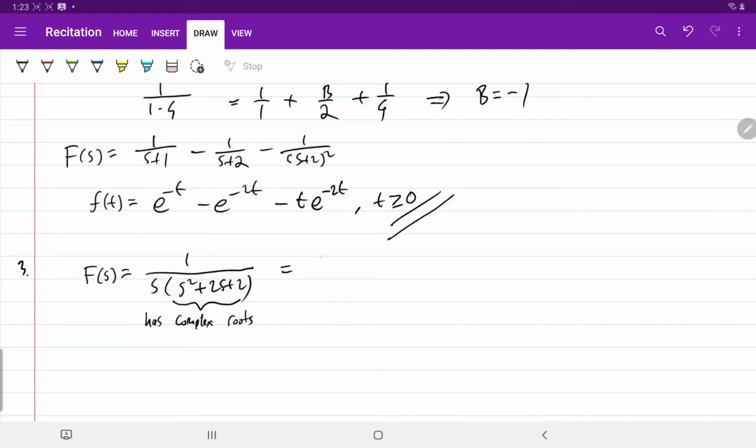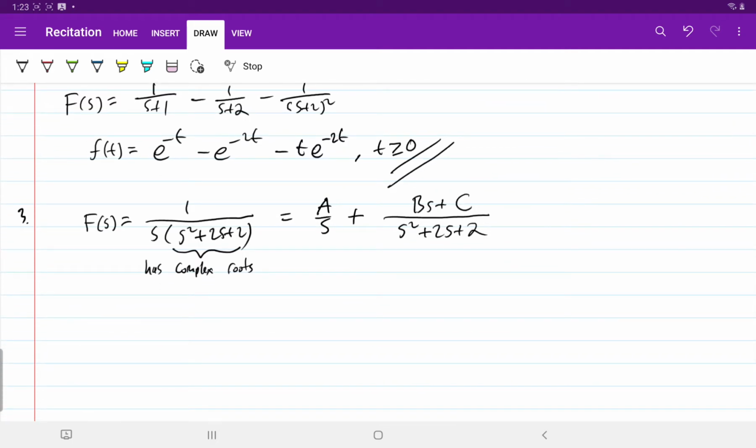The partial fraction expansion for f of s for this case is a over s plus, for this polynomial s squared plus 2s plus 2, the numerator is bs plus c.